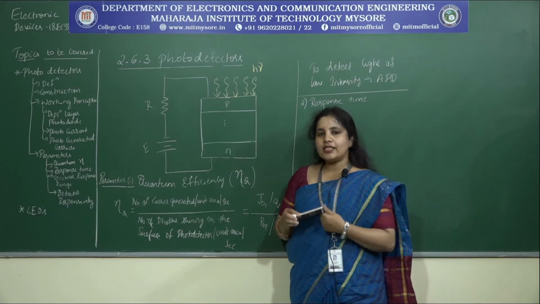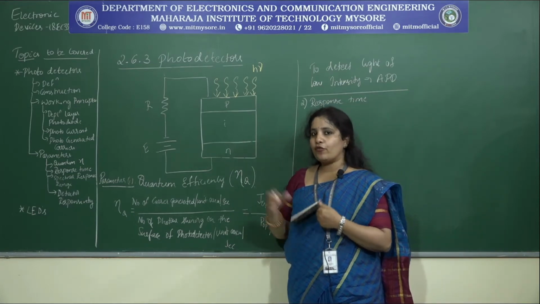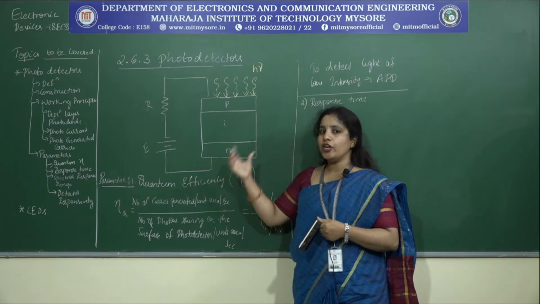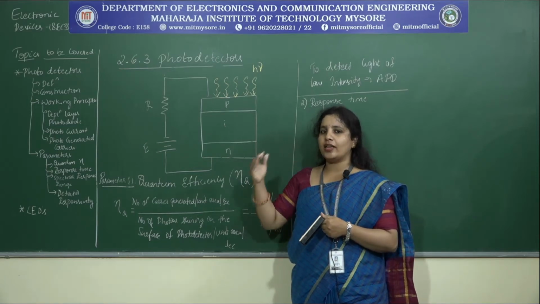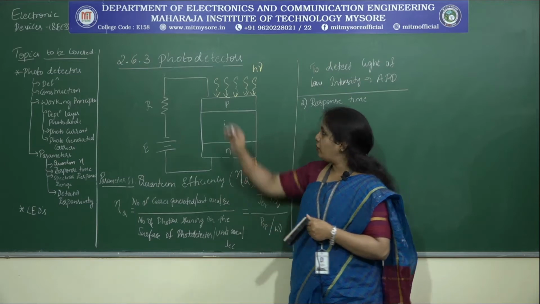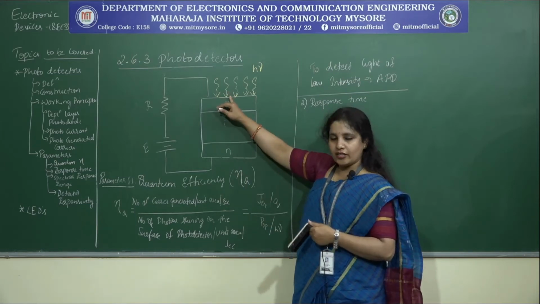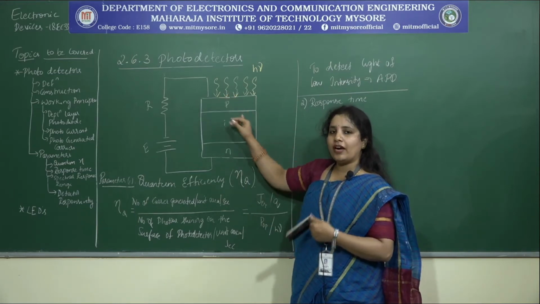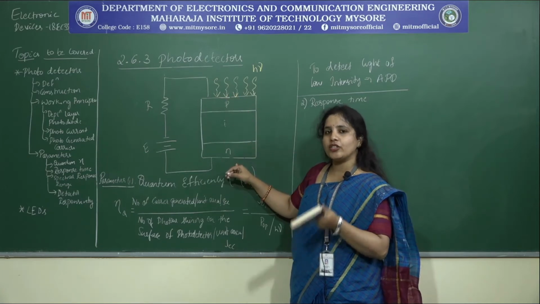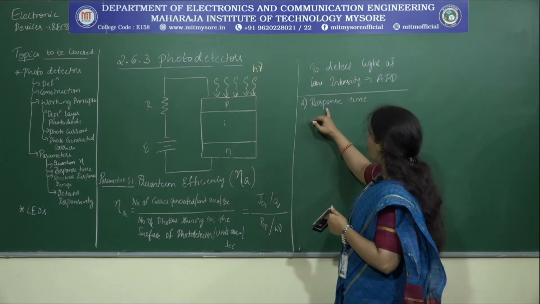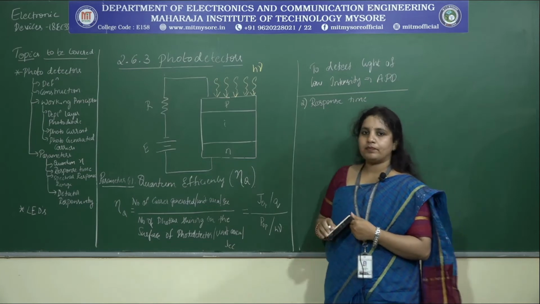It is the amount of time that your photodetector takes to sense the change in the light intensity. Whenever the incoming light changes its intensity, how much time your device takes to detect that change is what we refer to as the response time.